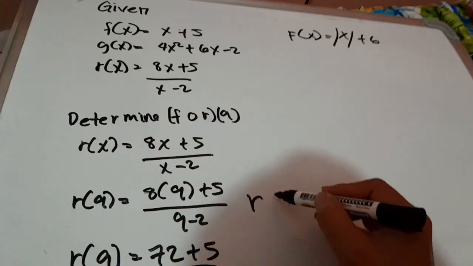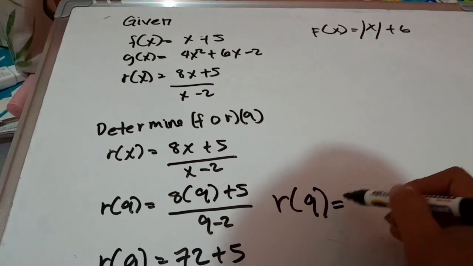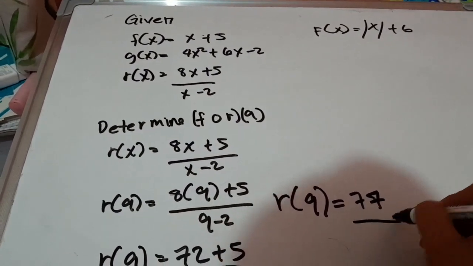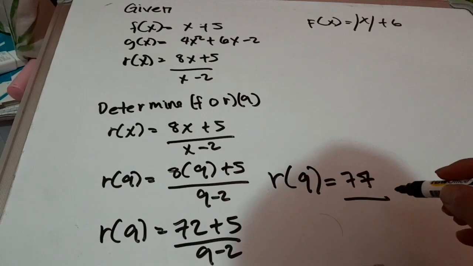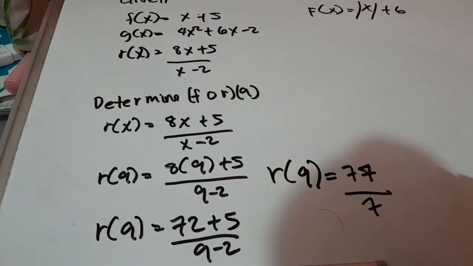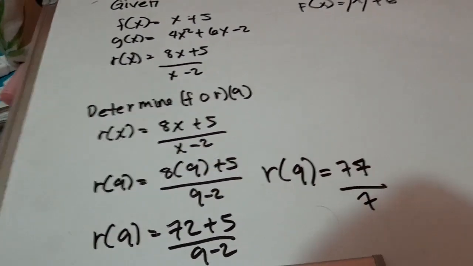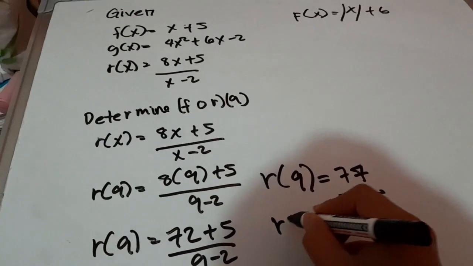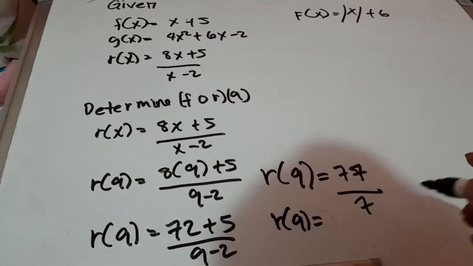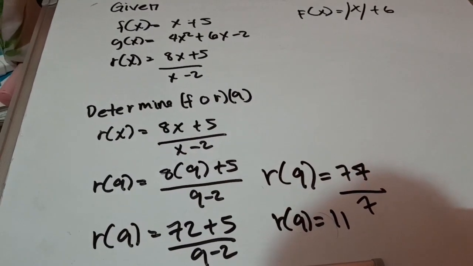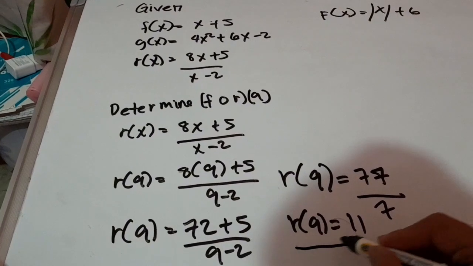So the value of r of 9 is 77 over 7. So 77 over 7, we get the answer, which is r of 9 is equal to 11. This is the value of r of 9.